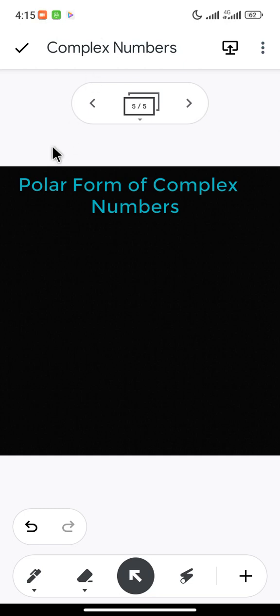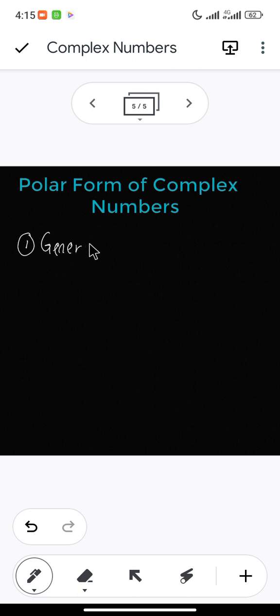Alright, so in this video we're going to talk about polar form of complex numbers. Now before we go to that, we have to note that there are three basic forms of representing complex numbers. The first form is the general form. The second is the polar form.